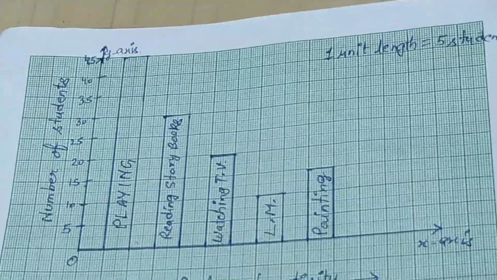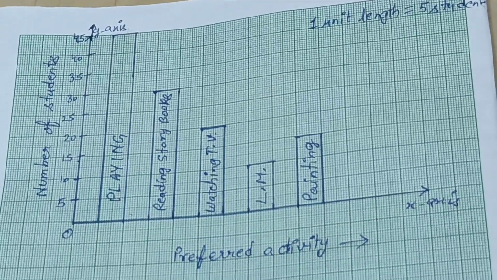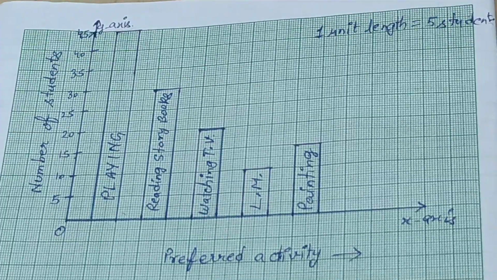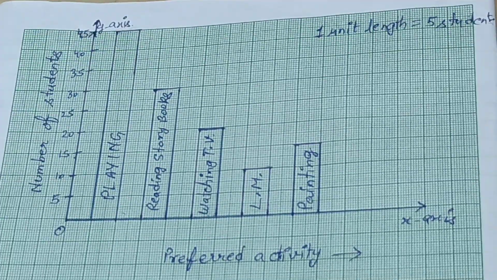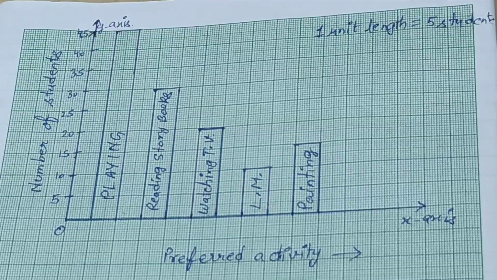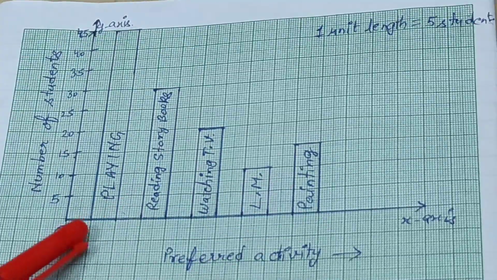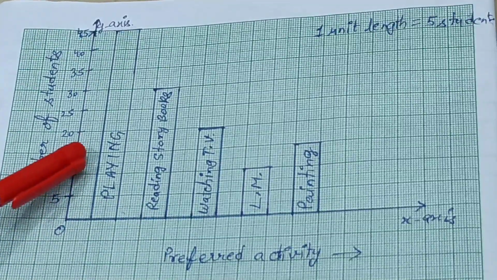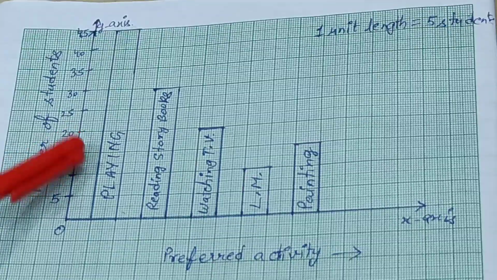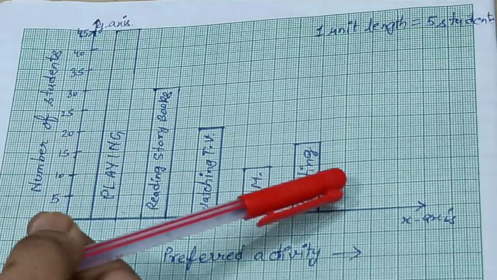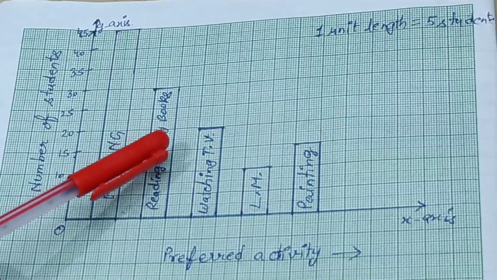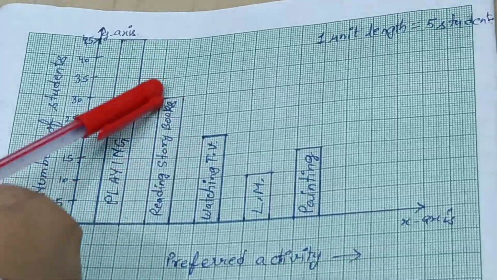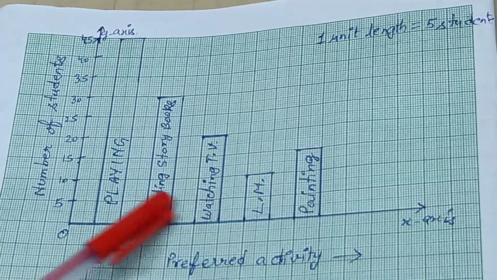In this way, we have plotted the given data on graph paper in the form of a bar graph. Now the question was, you have to tell which activity is preferred by most of the students other than playing. We can see playing is liked by most of the students, but we have to tell the activity other than playing liked by most of the students. So which other bar is the tallest? Leaving the playing bar only, this is the bar which has the highest height among these four.